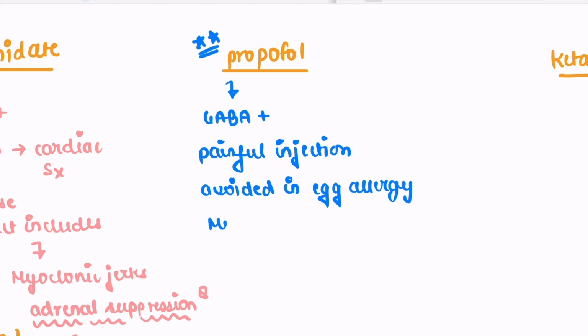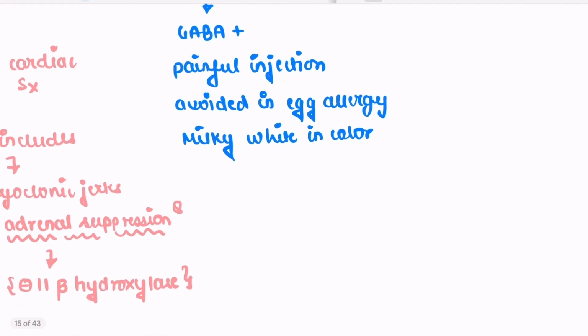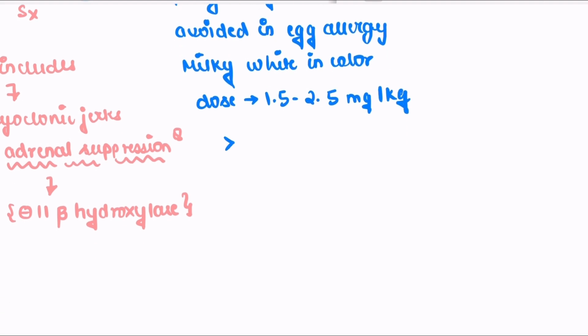It is milky white in color. The dose of propofol is 1.5 to 2.5 milligram per kg. If the dose exceeds 4 milligram per kg for more than 48 hours, it can lead to propofol infusion syndrome.